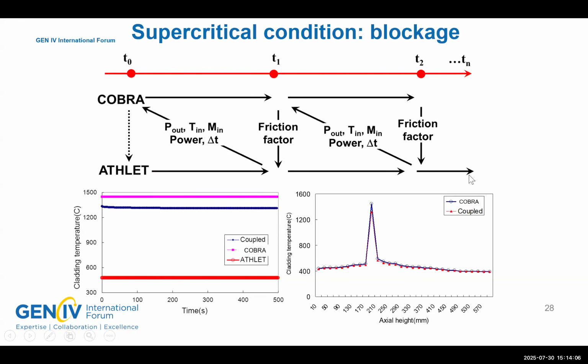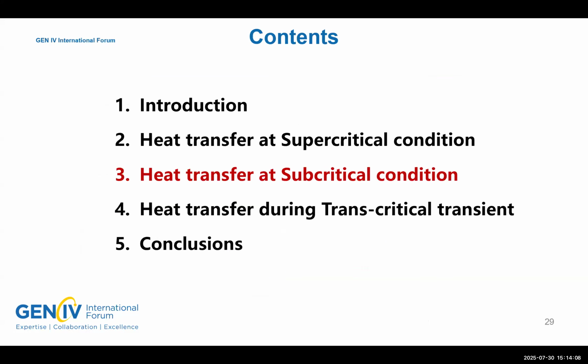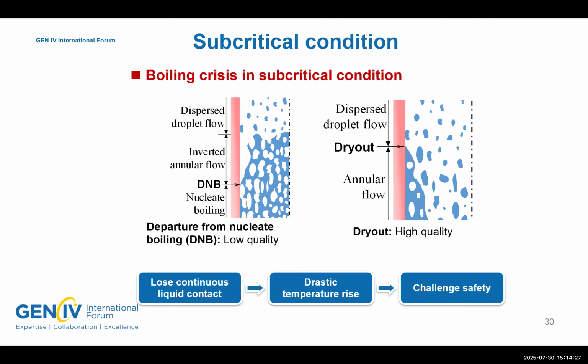Sorry, this is the third part. I think we talked about the supercritical conditions, and during some transients we have subcritical conditions. So we have to talk about the subcritical conditions, especially near the critical point.